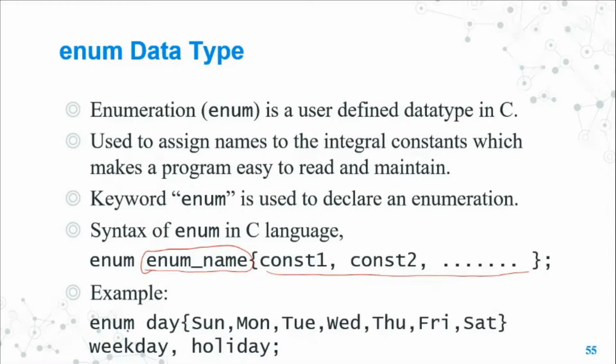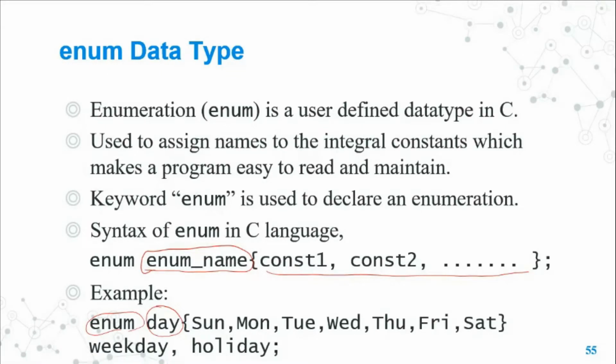This is the keyword enum. Then this is the enum data type; day is the enum data type in this particular case. Then Sunday, Monday, Tuesday, Wednesday, Thursday, Friday, and Saturday, the days of a week, are given.